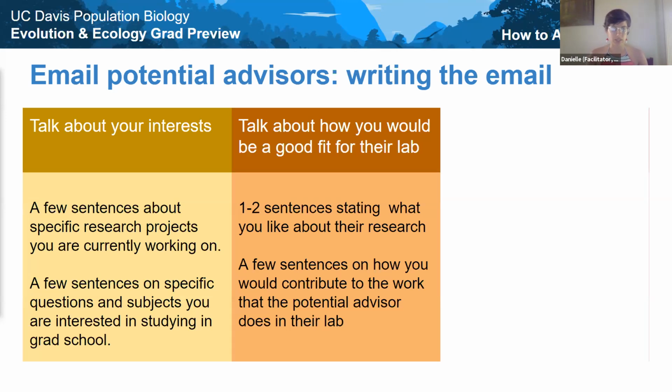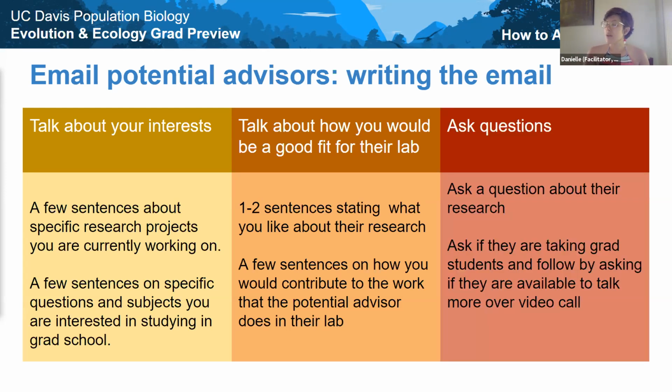This could look like making connections from your past work to their lab, and maybe hypothesizing some projects you could potentially see yourself working on. It does not have to be very detailed. You do not have to have your dissertation lined out to email advisors, but you do want to give them some idea of what you would want to work on when you come to their lab.